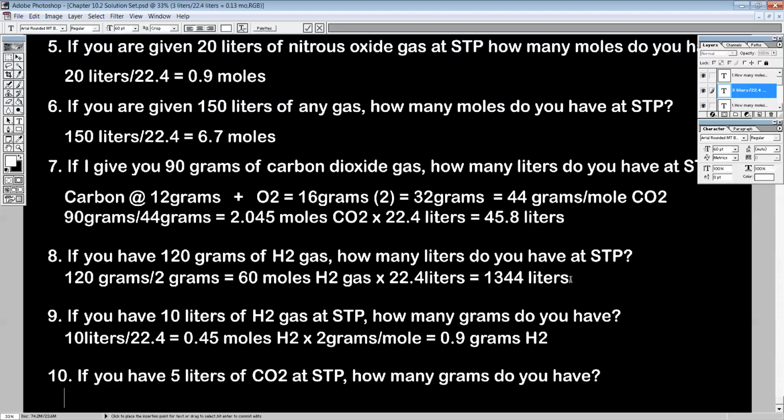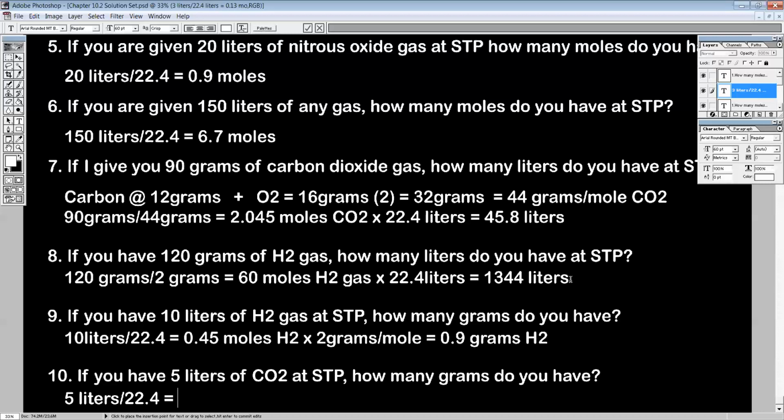All right, and then finally, let's see if this works. Yeah, we do have the line. We've got 5 liters of CO2 at STP. So I've got my 5 liters, divide that by my constant of 22.4 liters per mole. That's 5 liters divided by 22.4.